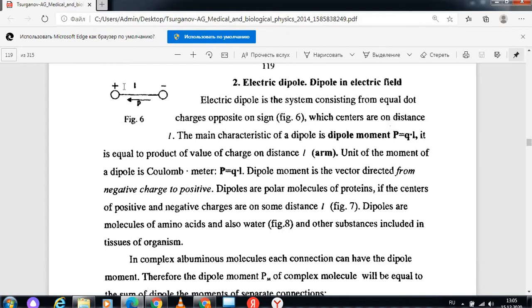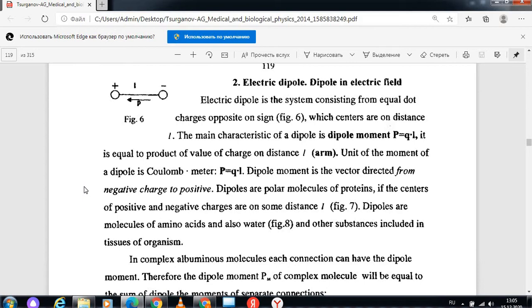We call it the arm of the dipole. The unit of the dipole moment is coulomb meter. Coulomb multiplied by meter. Yes, P is equal to Q multiplied by L. Q is in coulomb, L is in meter. The dipole moment is a vector directed from the negative charge to the positive charge. Always, yes. It was made so historically.